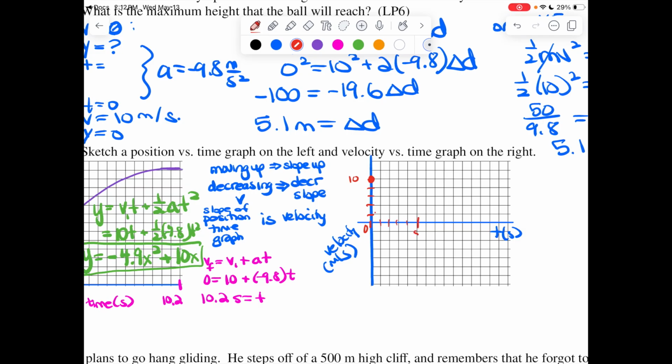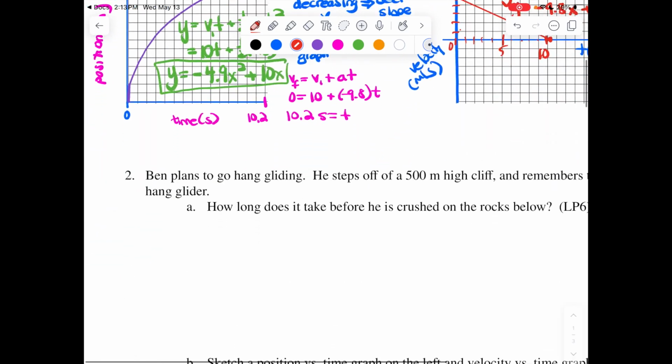We're also moving down, so we have to have negative velocities. That applies also. We're starting at rest, and so we're going to move down with a negative slope. After 10.1 seconds, my final velocity will be a negative 99 meters per second, which is crazy, right? So that's 99 right down there. And that's pretty much it for this one, right?